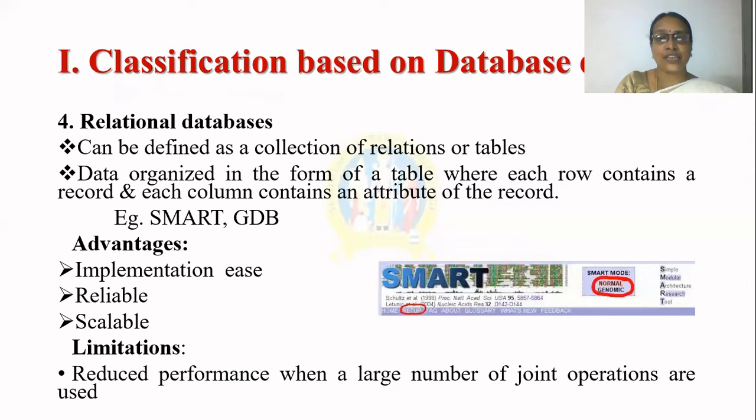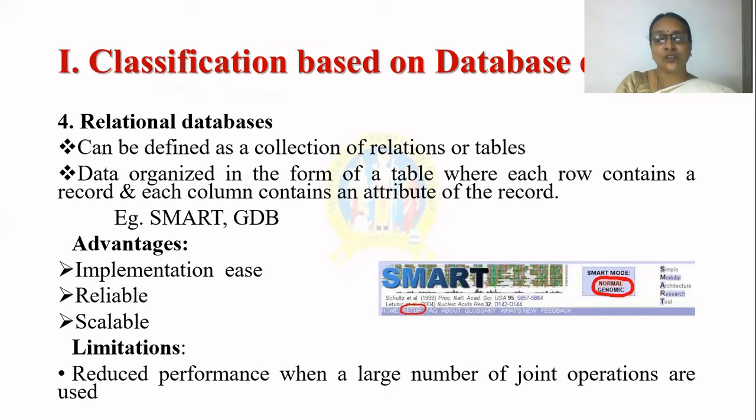The next classification based on the database design is relational databases. These databases can be defined as a collection of relations or tables. Here, the data is organized in the form of a table where each row contains a record and each column contains an attribute of the record. Examples are SMART and GDB.